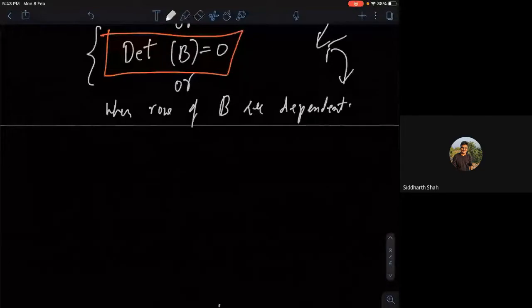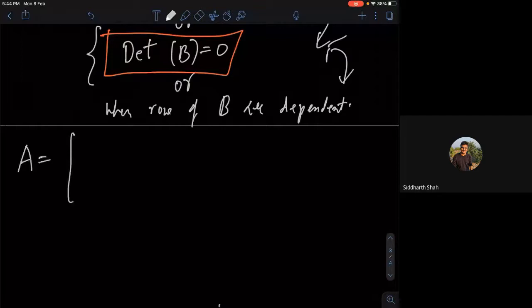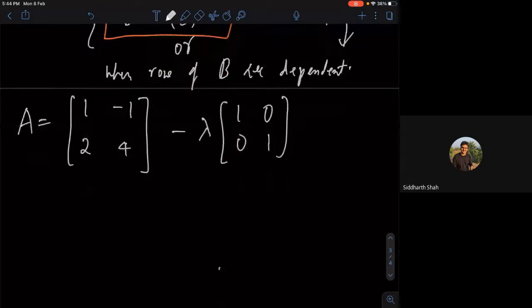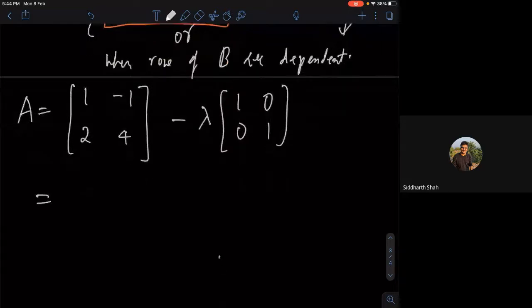I'm going to give you this matrix, and you should now tell me this. So 1, minus 1, 2, 4. This is the matrix we started with earlier. This is my matrix, and I'm interested in A minus lambda I. What is I? I is the identity matrix, 1 0 0 1, times lambda, which is the same as writing 1 minus lambda, minus 1, 2, 4 minus lambda.